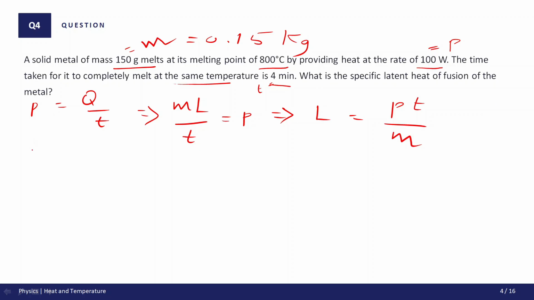Therefore, L equal to P value 100. How many minutes? 4. Convert into seconds: 4 into 60. What is the mass? 0.15.